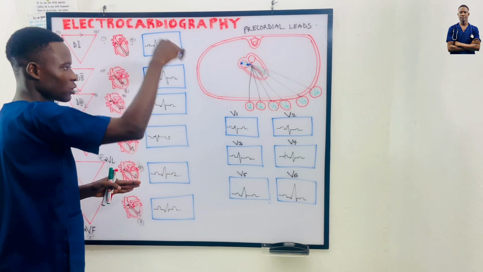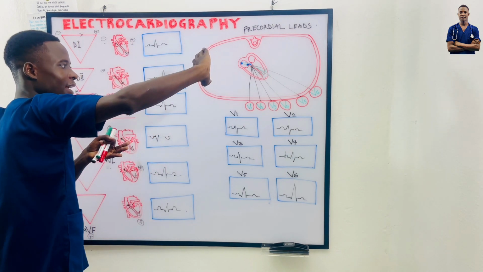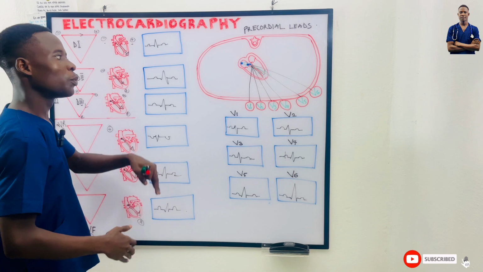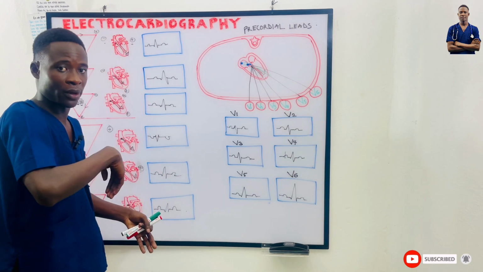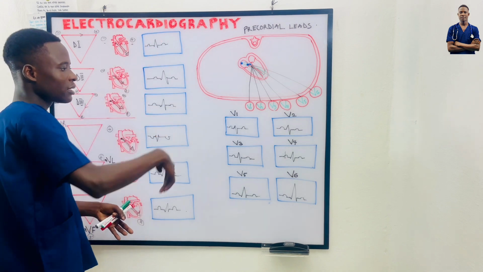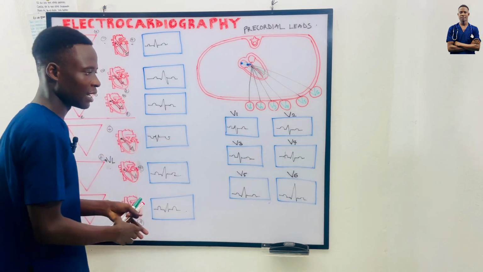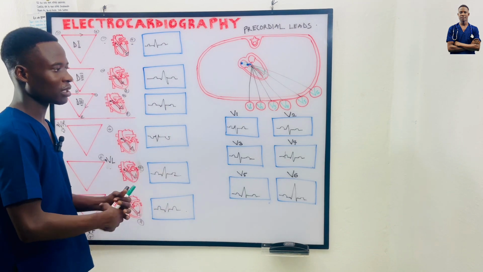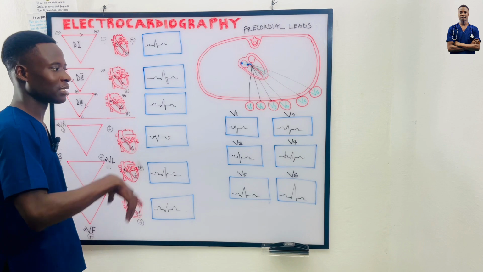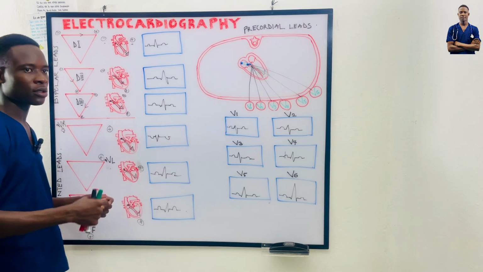Instead of pointing downward, the heart will be pointing to the left side straight, or pointing upwards, or pointing straight forward. Do you understand? And all these cause changes in the reading of the leads. And as you see them and compare them to the physiological one that you know, you'll be able to know that no, there's a pathology somewhere. So this brings us to the end of today's lesson.